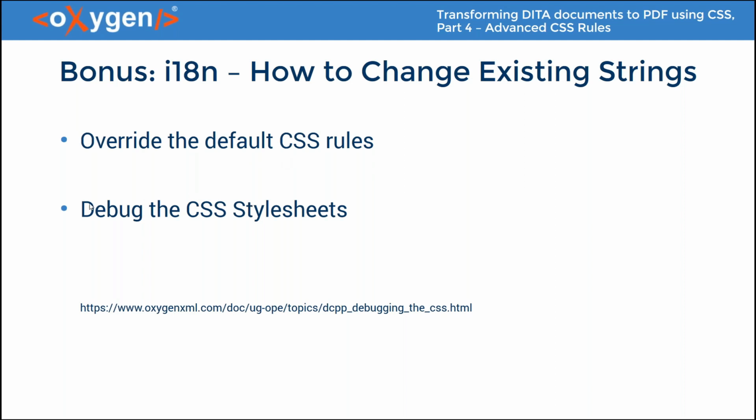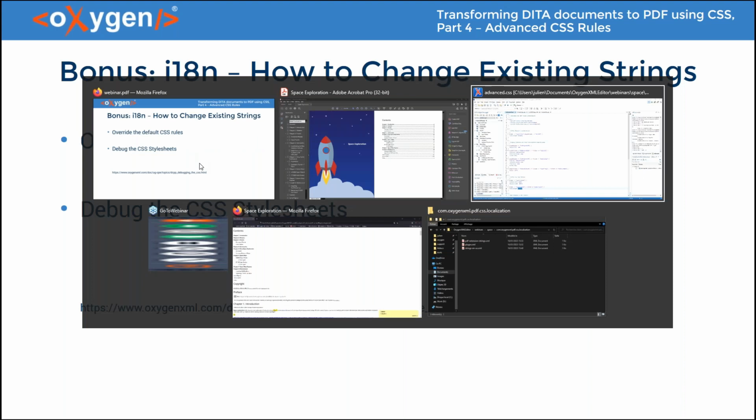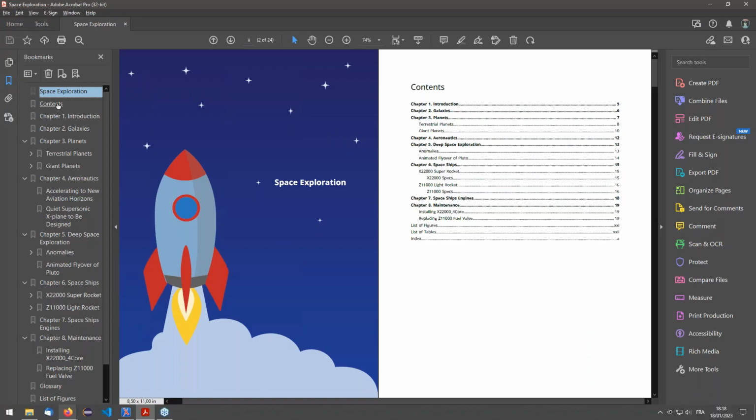And for helping me doing that, I will debug the CSS style sheet using my browser. So, for example, I want to change in my PDF the word chapter to the word section.